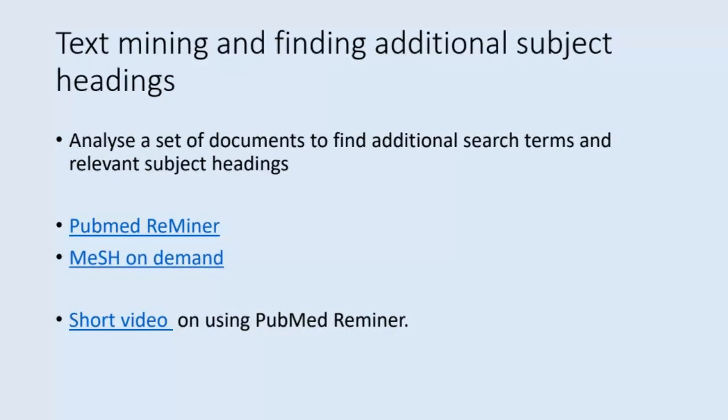I'm going to demo that in a second. MeSH on Demand is a similar thing, but you actually copy and paste, for example, an abstract into the search box, and it then suggests some relevant subject headings. It just makes sure that you're using all those search terms and all those subject headings. So first of all, I'm going to demo PubMed Reminer. I'm just going to share my screen.